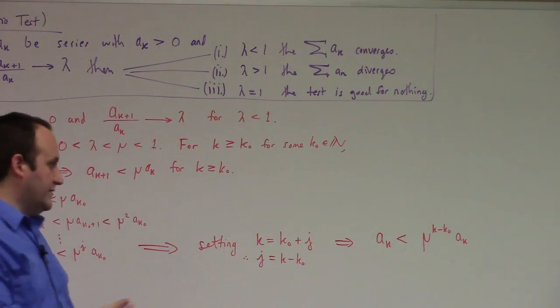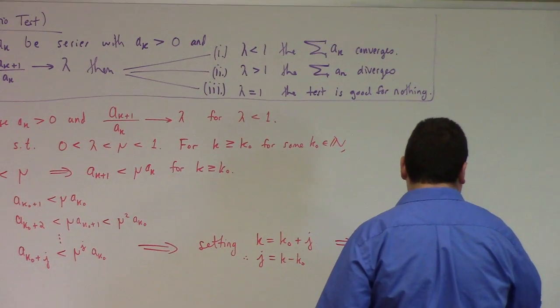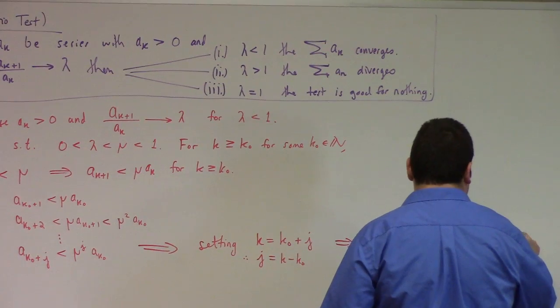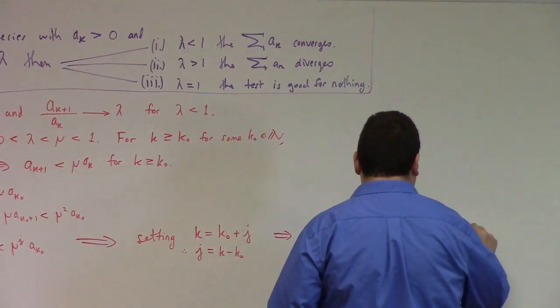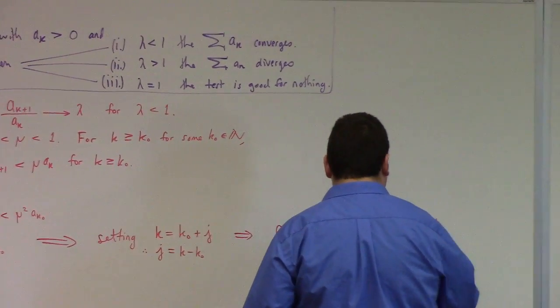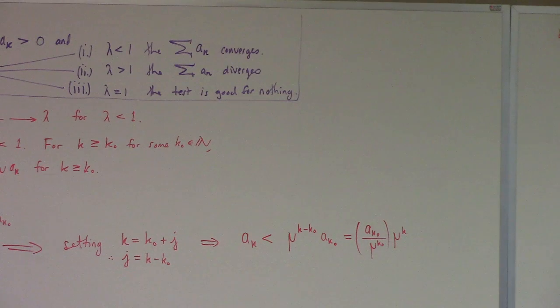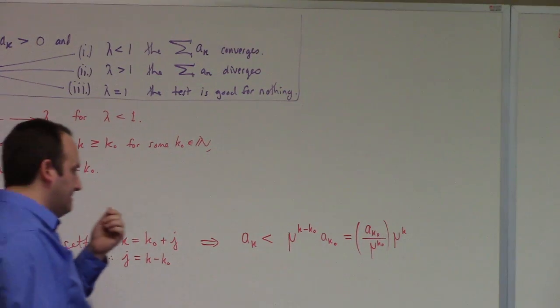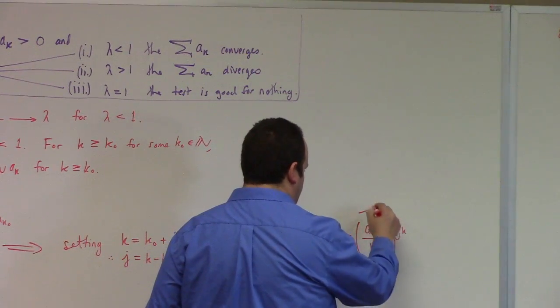But we can rewrite this a sub k naught. This is equal to a sub k naught divided by mu to the k naught, times mu to the k. Now, notice that this thing in parentheses is just some number.